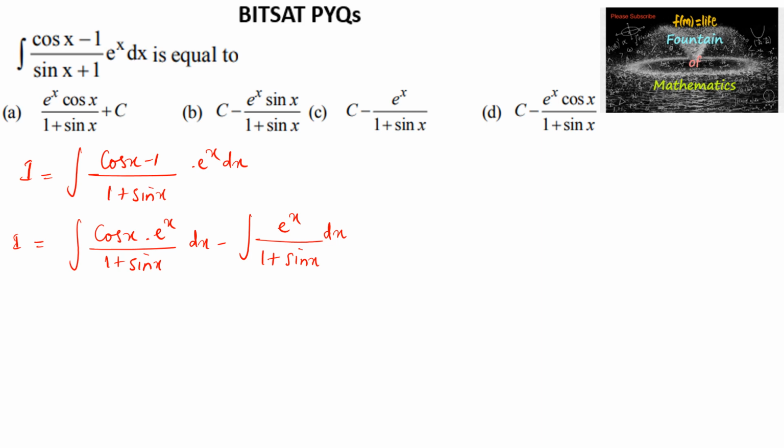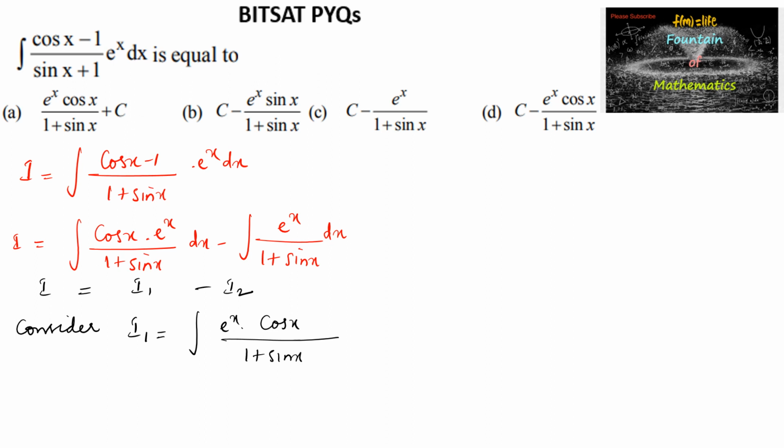Let us consider the first as I1 and the second as I2. So I is equal to I1 minus I2. Consider the function I1, integral e power x into cos x upon 1 plus sin x dx.